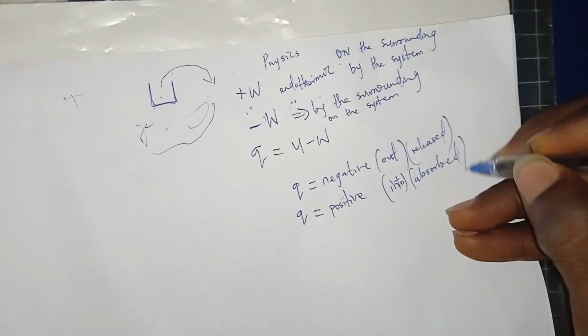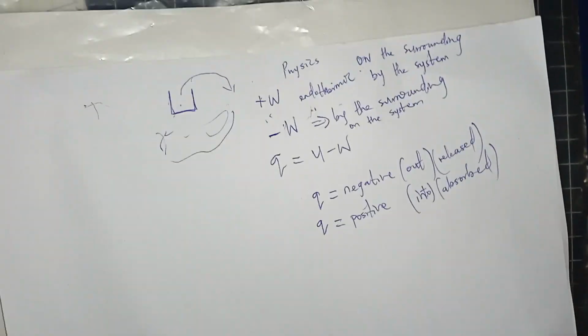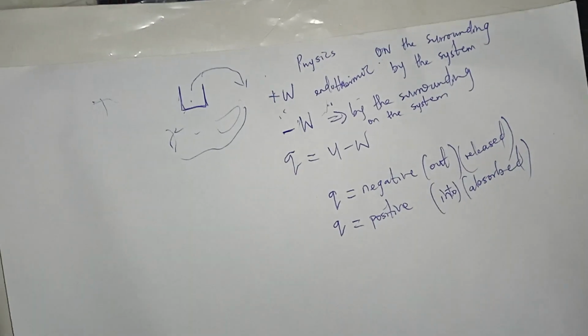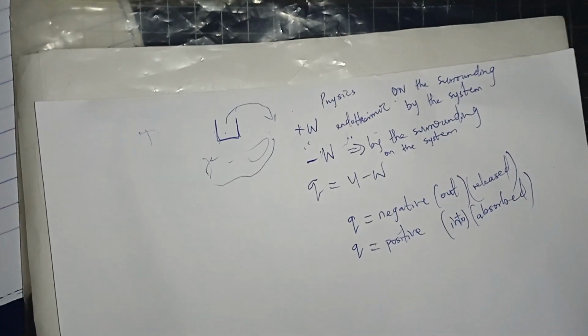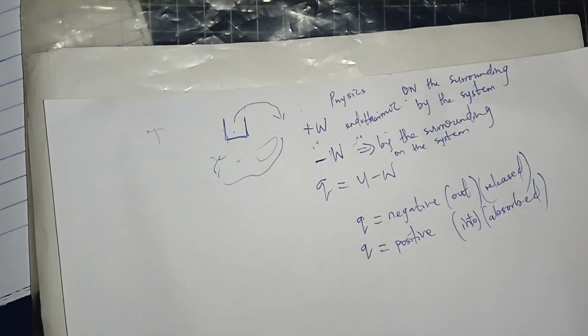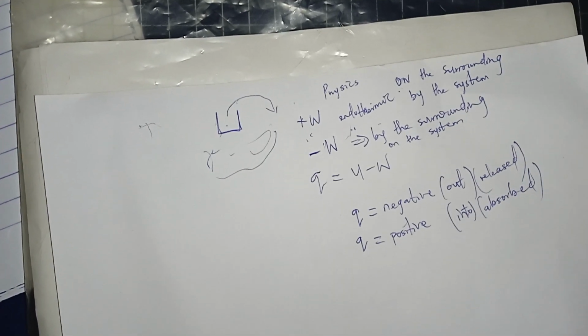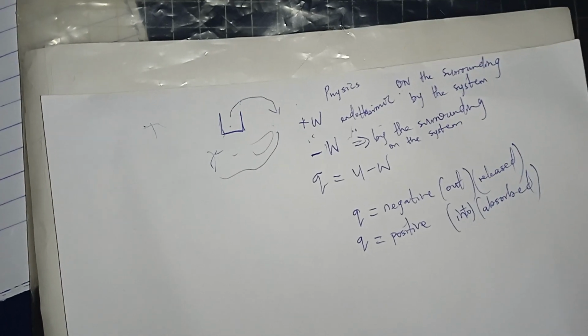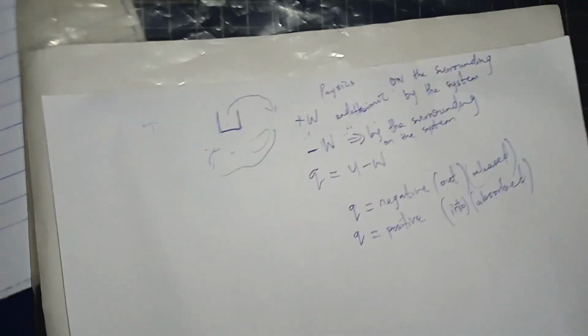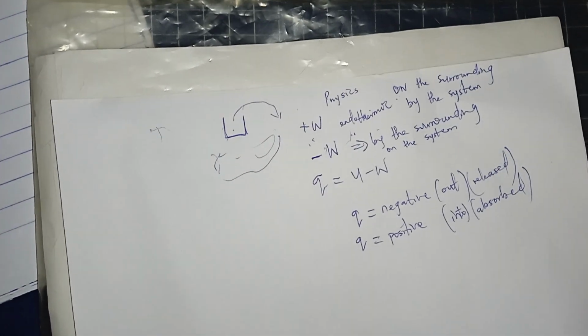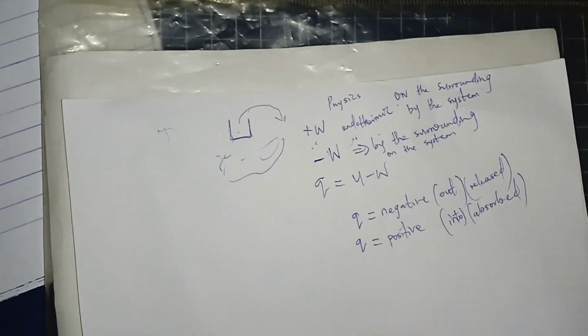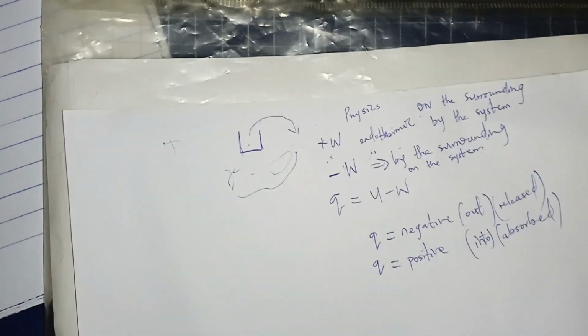So just know that once something is leaving you, it is always negative. When it's done by the surrounding, it's negative for the surrounding. When it's done by the system, it's negative for the system. When it's done on the surrounding, it's positive for the surrounding. When it's done on the system, it's positive for the system.